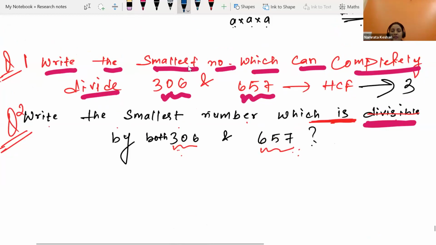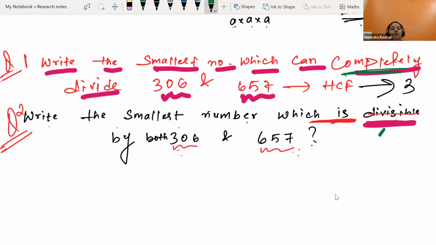Yes, Maha, I am coming to that. If you read Question 1 carefully, it is written that completely divide. Divisible means completely divisible, the number itself is divisible. And completely divide means the number is dividing 306. That's what I was explaining. The word completely is not the keyword.